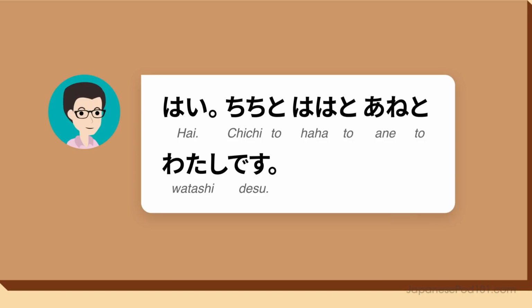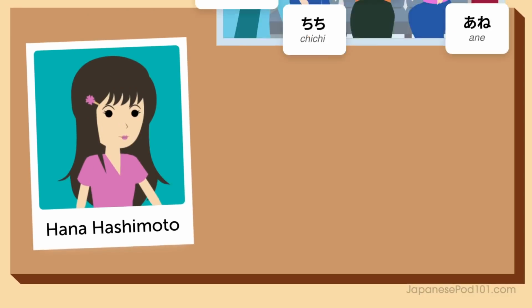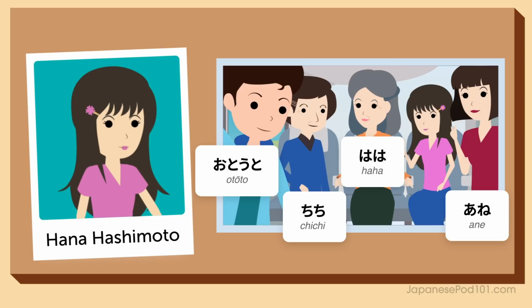Let's try one more. Imagine you're Ben's college classmate, Hana Hashimoto. You have a father, mother, older sister, and younger brother.